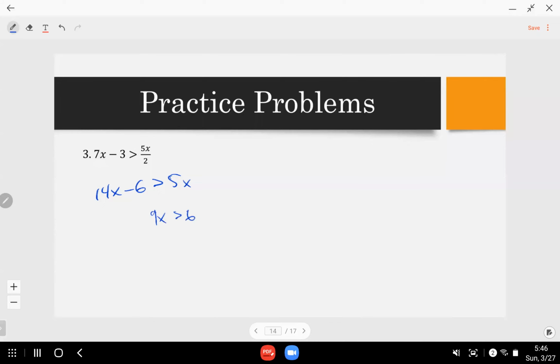So 9x is less than 6. And we divide both sides by 9. So x is greater than 2/3, because we did nothing about multiplying or dividing anything negative. Right?